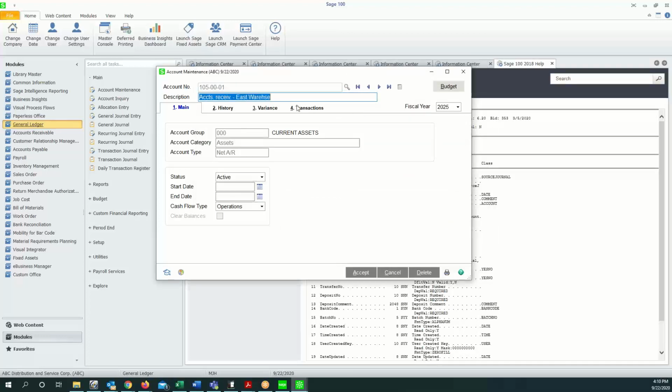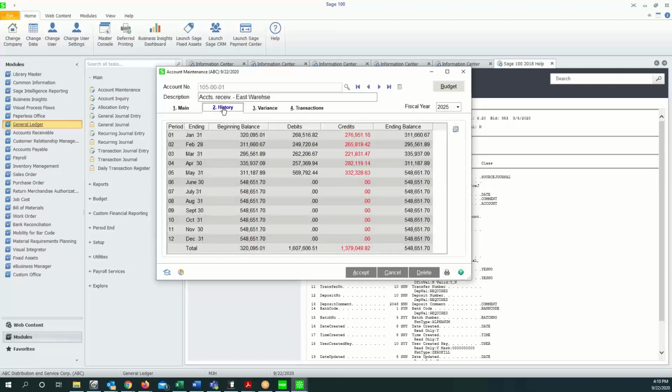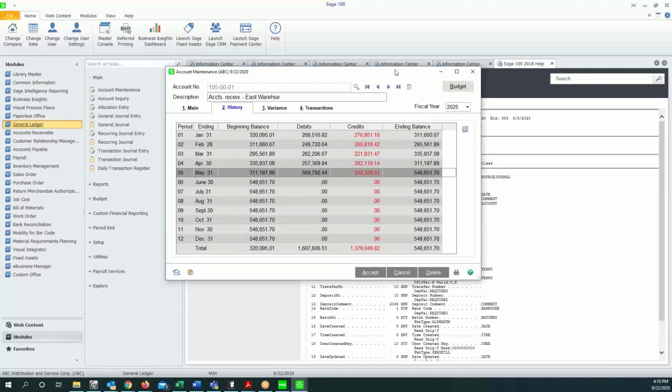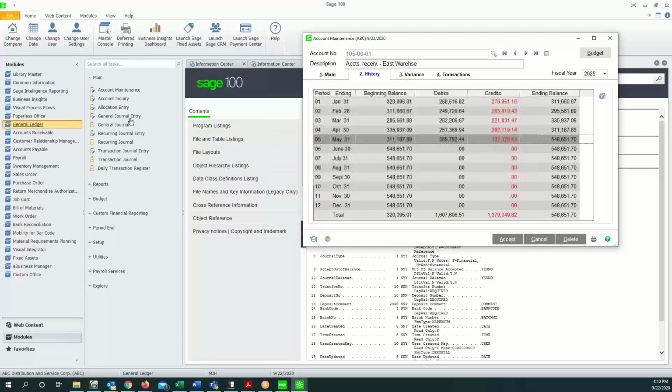So if we look at our East warehouse and we look at the history tab, I can see that my May period is my most current open period, and it has a balance of $548,000 and change.